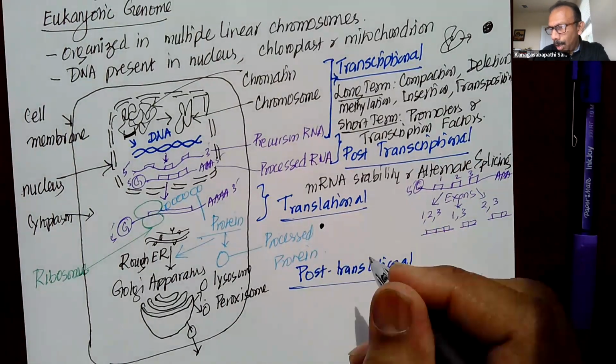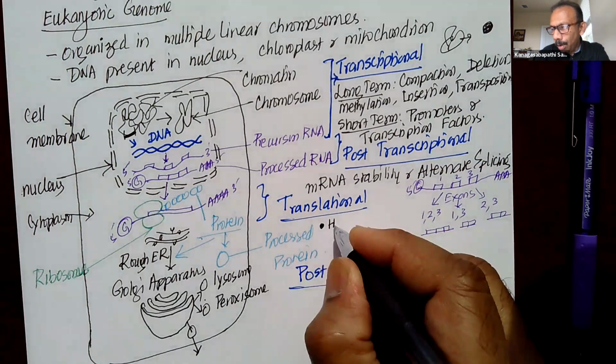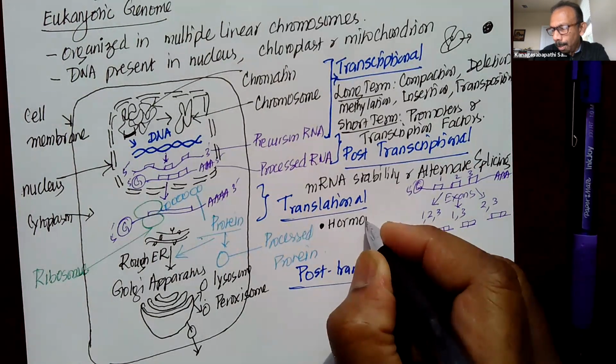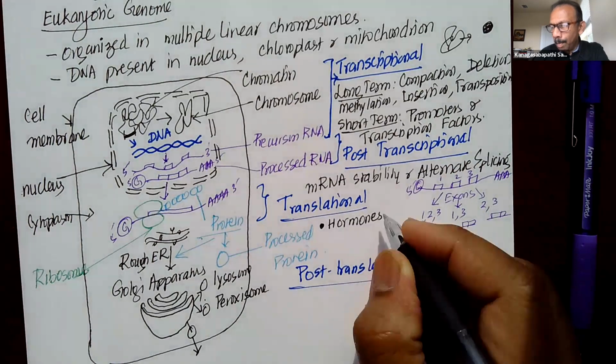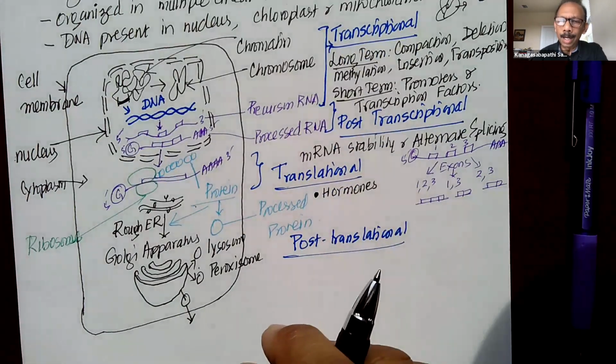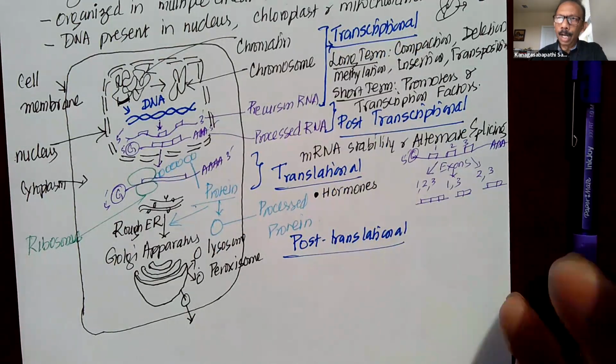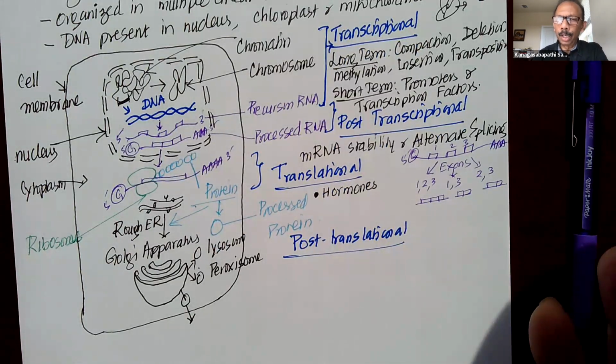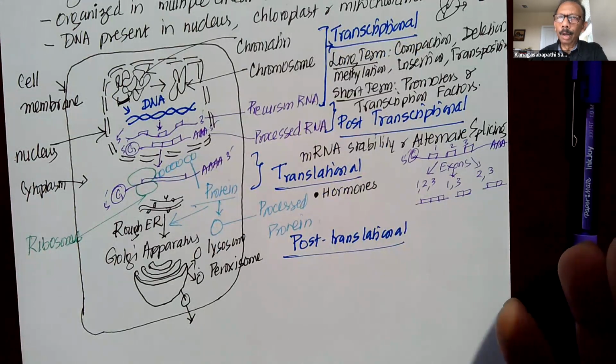Here, hormonal control is an important example. Milk proteins are made only when the mammals are in lactation time. Other than that, you don't make the milk protein.